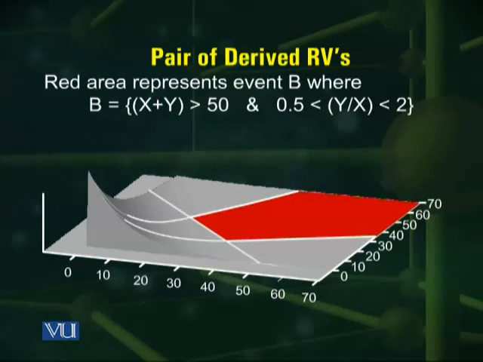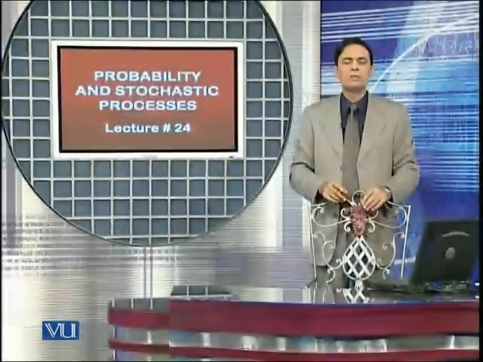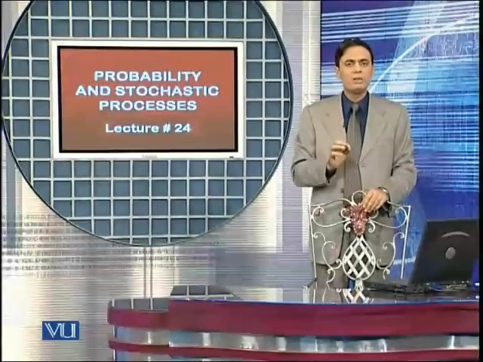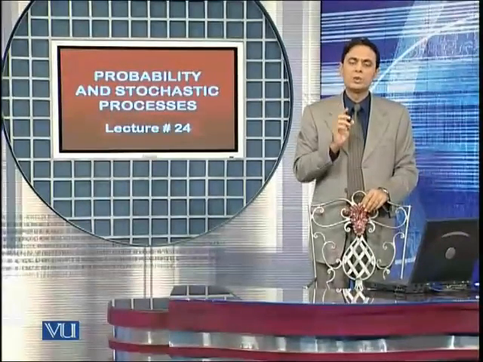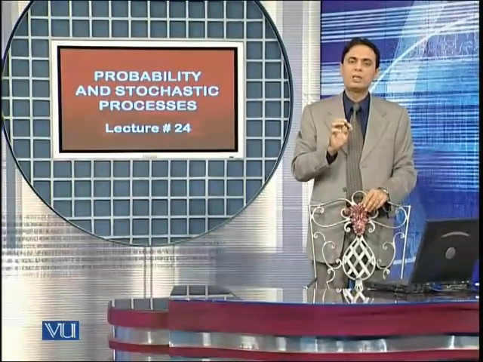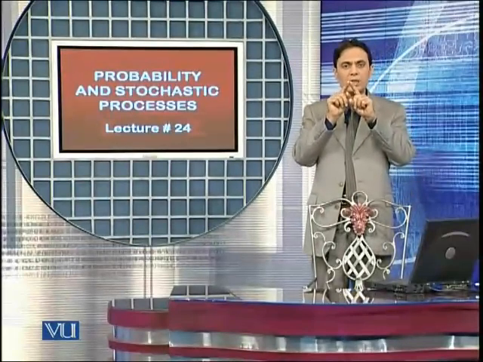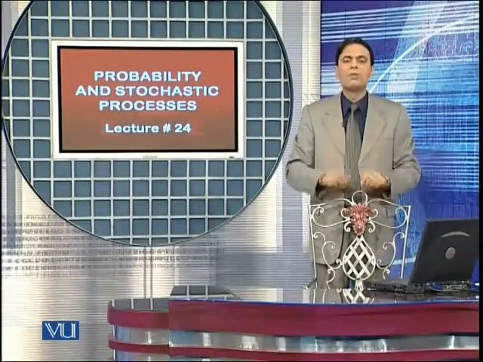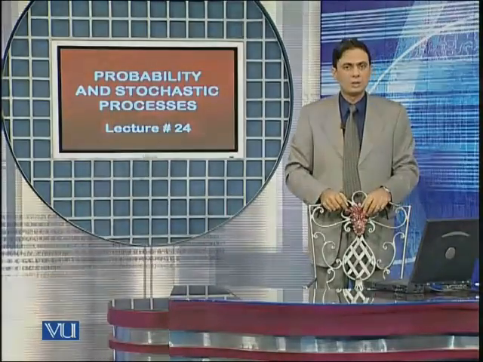If you want to integrate the joint PDF of x and y over this region, which is fan shaped, keeps on increasing its width and goes along the 45-degree line, you have to carefully model your double integral. When I say model, I mean you have to carefully choose the limits, and you have to carefully choose whether you are going to use vertical strips or horizontal strips.